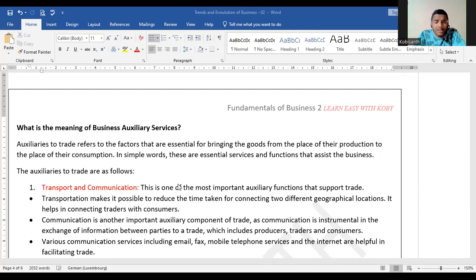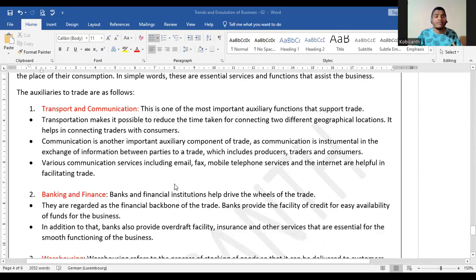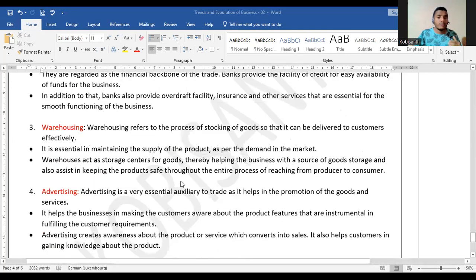So transportation is involved. Does it make sense? In order to support your business of selling vehicles, you need the support of these kinds of auxiliary services. So now you understand what an auxiliary service is. There are plenty of auxiliary services which we'll be looking into in our next session.